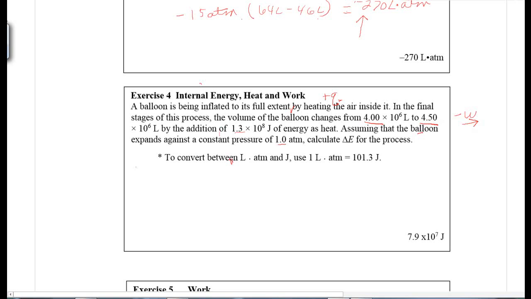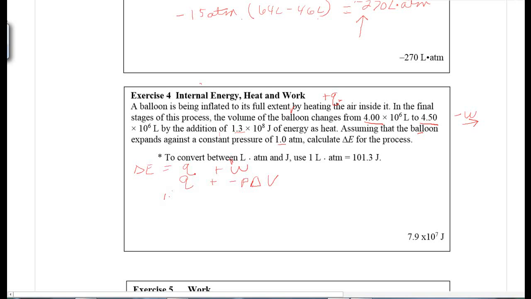Remember, the change in energy is equal to Q plus work, and work is minus pressure times change in volume. Let's put them all in.